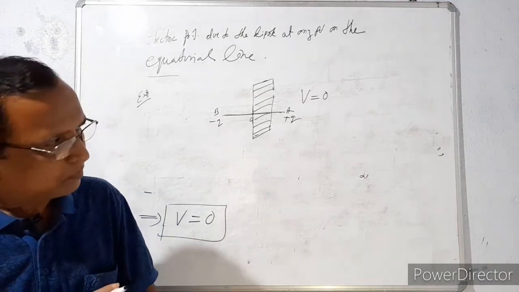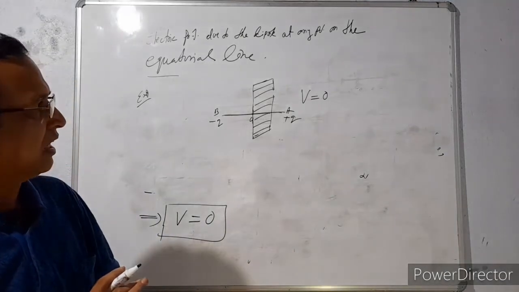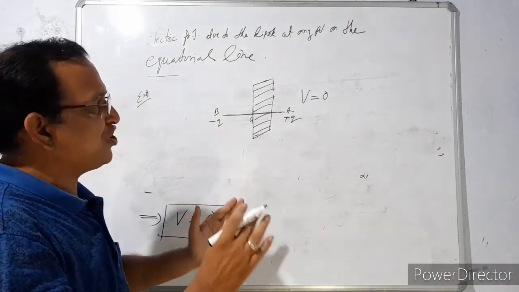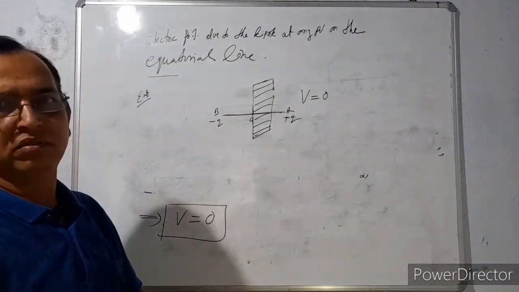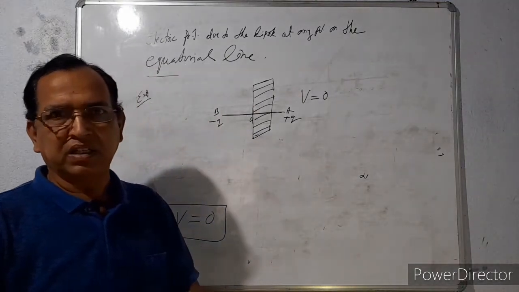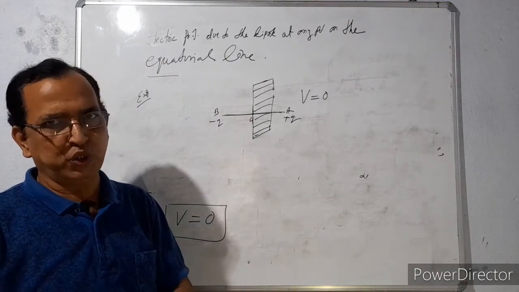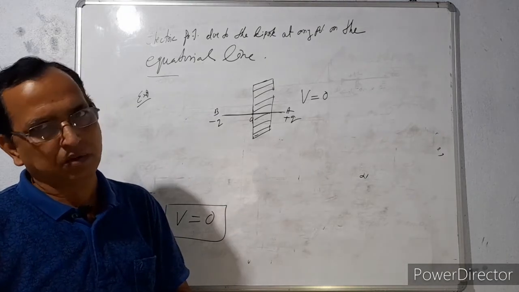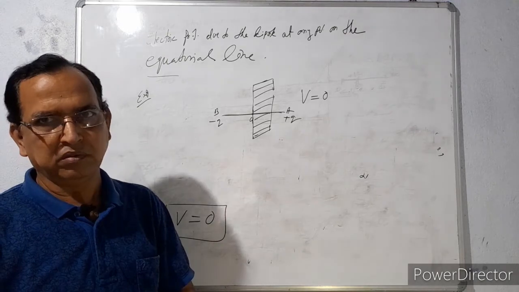But if a plane has the same potential at every position, if the potential always remains constant but not 0, the surface is an equipotential surface. Clear?